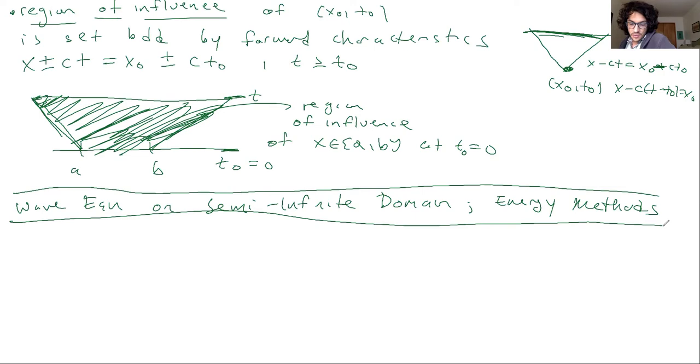let's circle back to our initial value problem that we were looking at before. Okay.